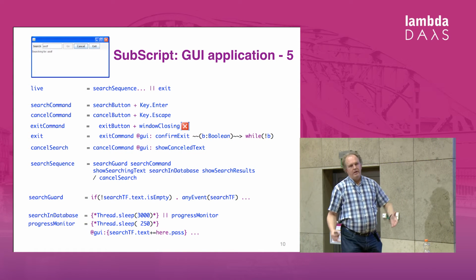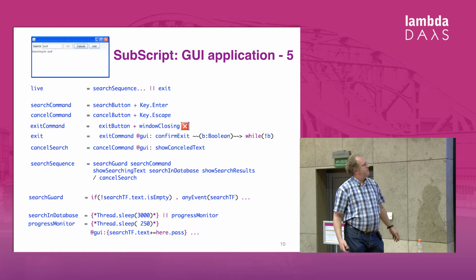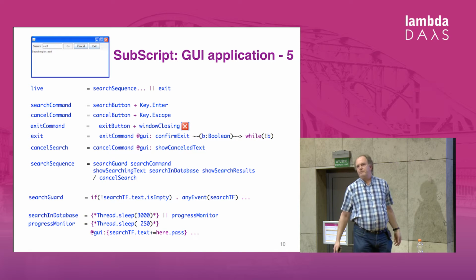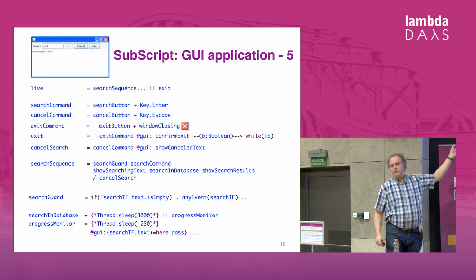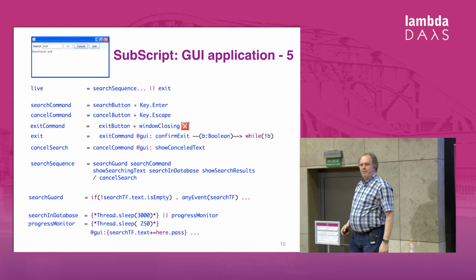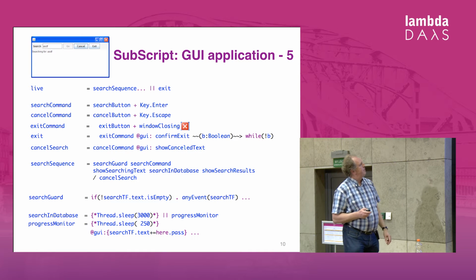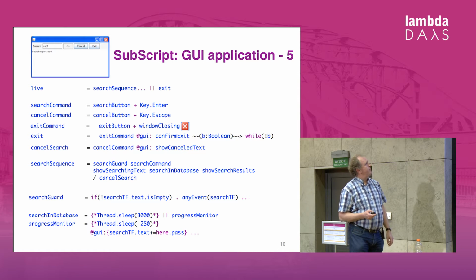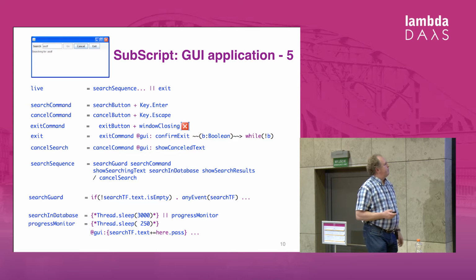And through this implicit conversion mechanism of Scala, it's applied to processes. But basically it says a command goes through the button or the key. Likewise, the cancel button and the exit command, well, it's by the exit button or the window closing button on top of the window.